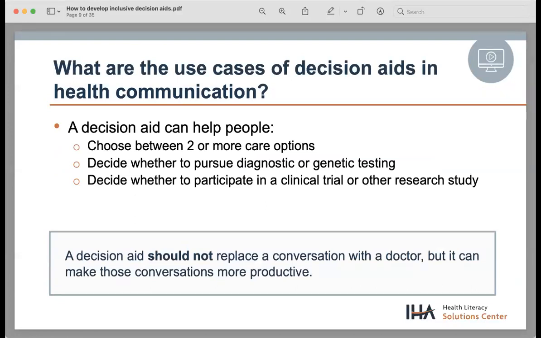And as we mentioned, a decision aid shouldn't replace a conversation with a doctor, but they do come in handy because they can make those conversations more productive. The more information that people have and the context they have about the different options available to them, the more empowered they're going to be to ask questions when they're having the conversation with their doctor and to fully understand all the options.